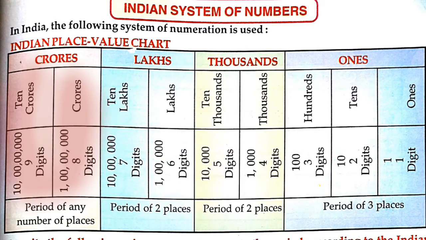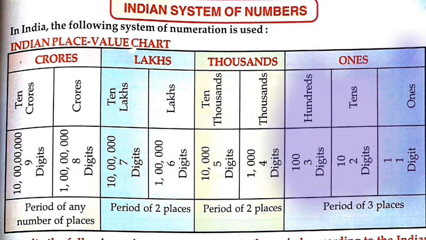In the ones period, what are the columns? First is the ones column, second is the tens column and third is the hundreds column. There are 3 columns in the ones period.